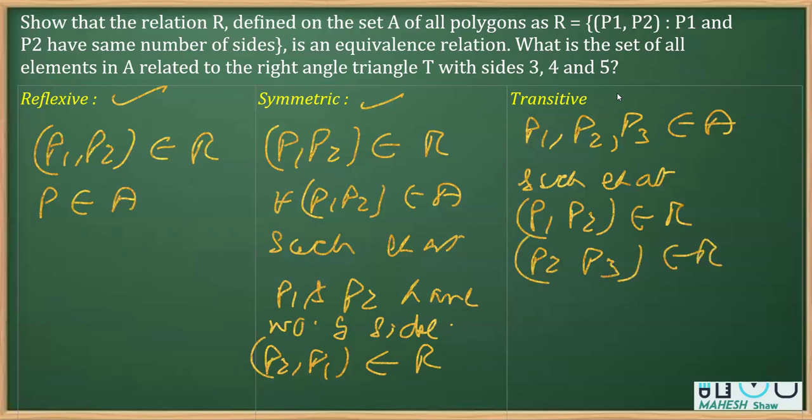Assume say it's a hexagon. So if P1, P2 are hexagons and P2, P3 are hexagons, it implies that (P1, P3) also belongs to R. Since P1, P2 have the same number of sides and P2, P3 have the same number of sides, clearly P1 and P3 also will have the same number of sides.